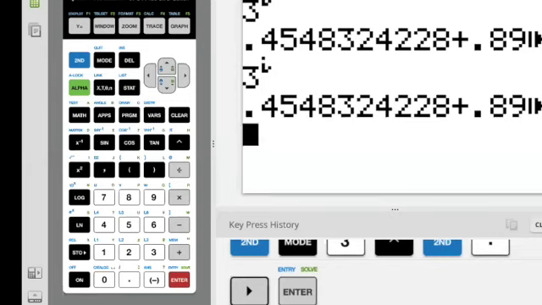We'll see what the answer would be on a calculator that does it. Let me go back to the iPad. Okay, back to this. There we go.